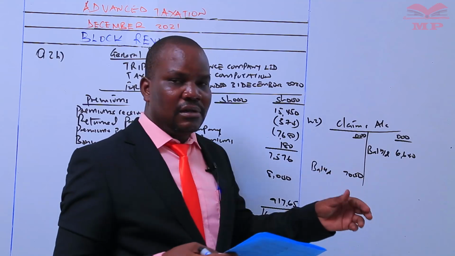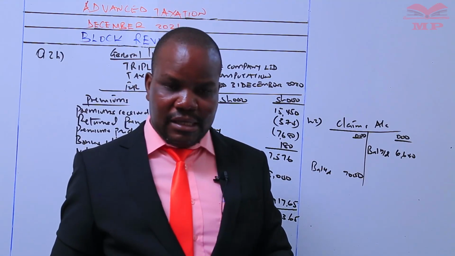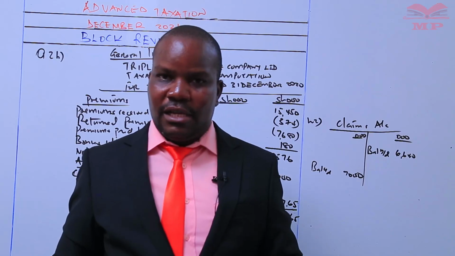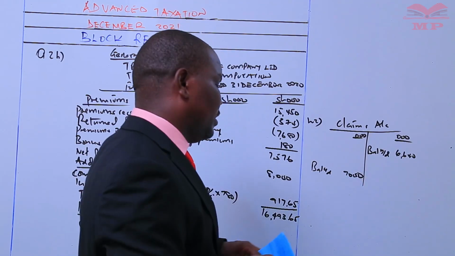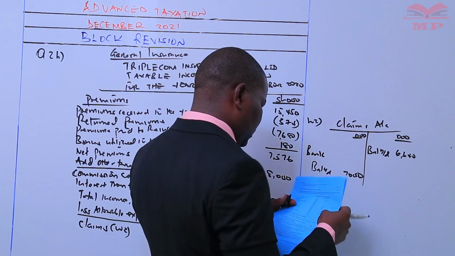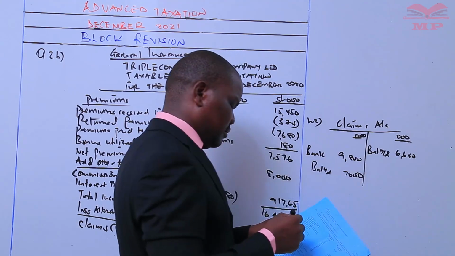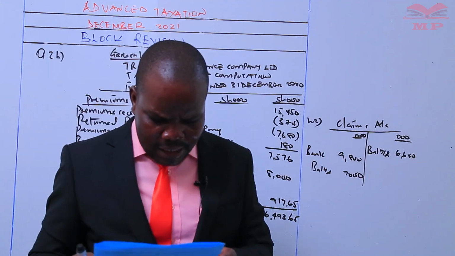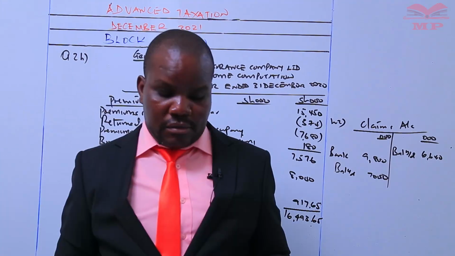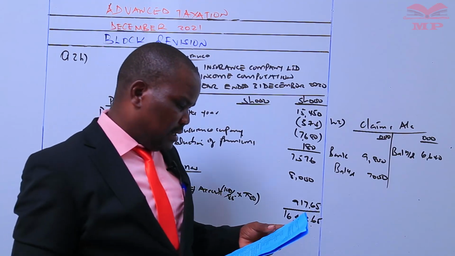Now, if you withdraw money from your bank account to pay for an expense, you credit the bank account as you debit the expense account. So here we say bank, 9.8 million shillings. Any other expenses affecting claims? We look at the list provided.